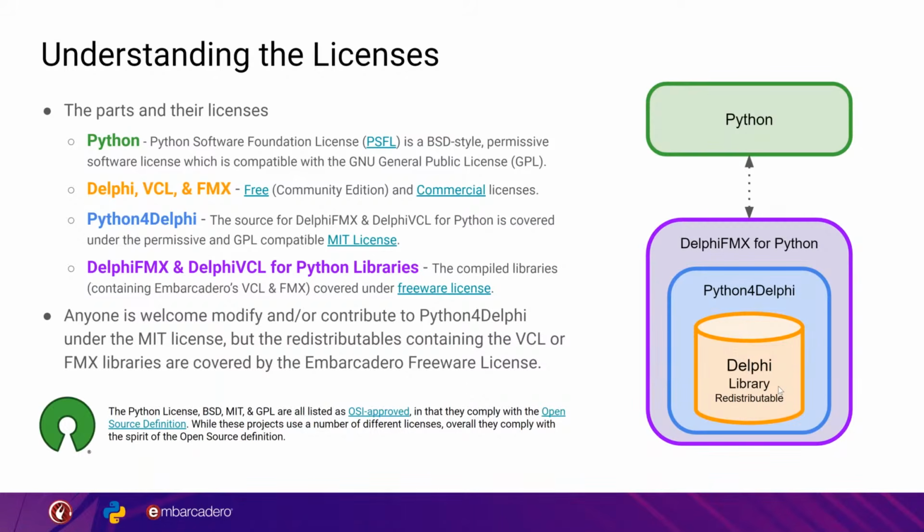So it doesn't give you an MIT license to that core content. And so that's kind of the key differentiation there. Everybody's free to take Python for Delphi and modify it and recompile it and use it however they want. But if you're redistributing that ability to build applications with the VCL and FireMonkey, like Delphi VCL and DelphiFMX, then that falls under the other license there.